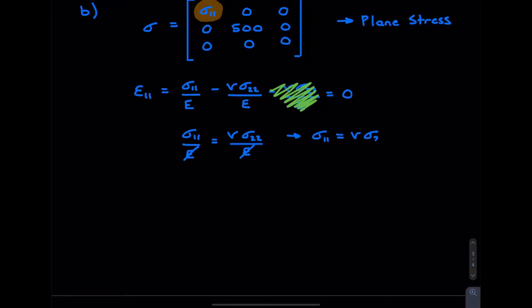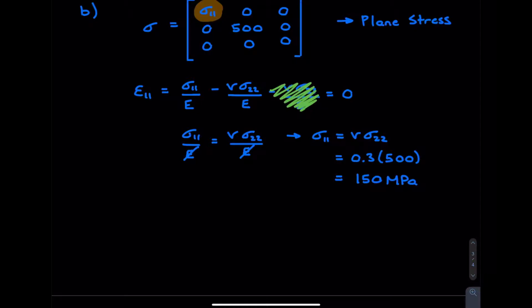Well, I know what V is and I know what sigma 2,2 is, so my V is simply 0.3, and I multiply that by sigma 2,2, which I know is 500 MPa. And what I get is that my sigma 1,1 in this very particular case is equal to 150 MPa. So as we can see, it's less than condition number 1 where we had 250 MPa.